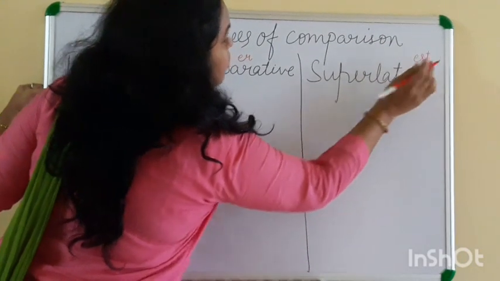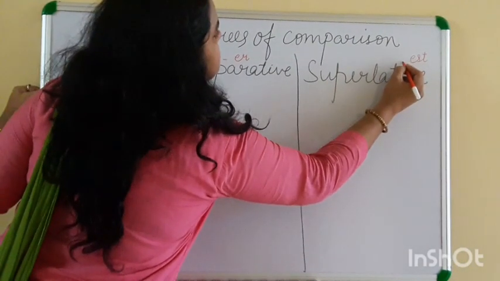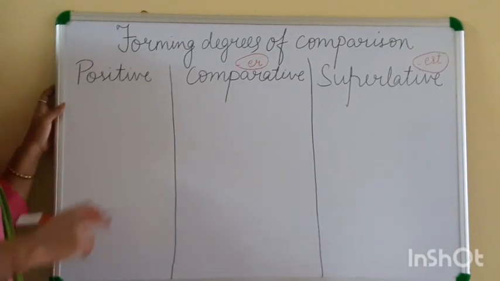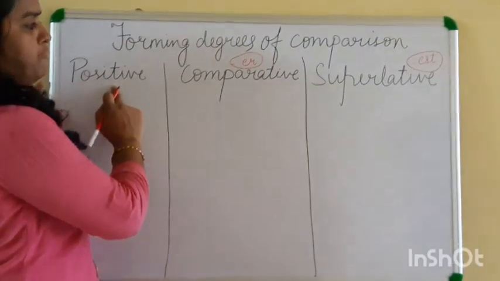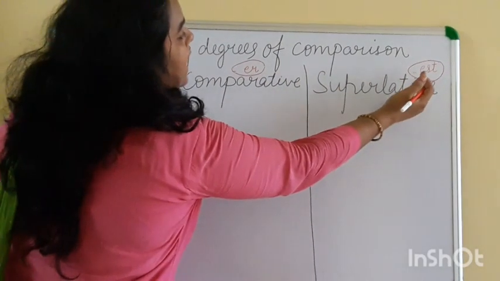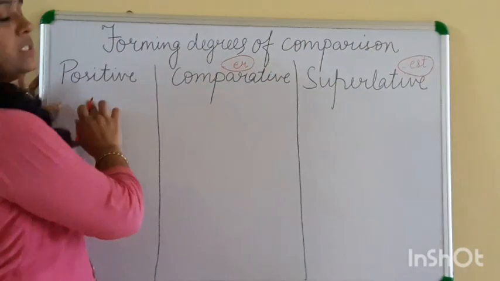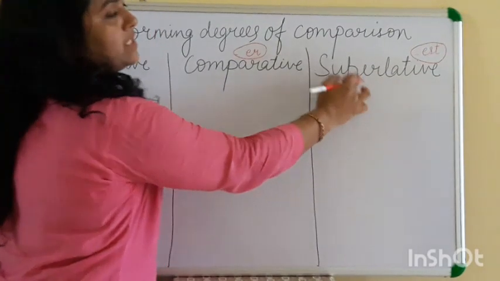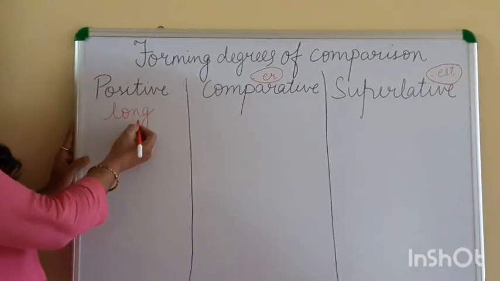Remember, for most adjectives, we add ER to the positive form to make the comparative degree, and we add EST to the positive form to make the superlative degree. It's long.